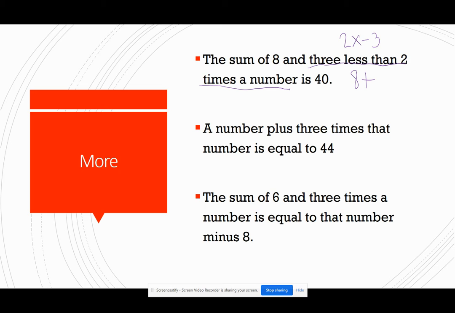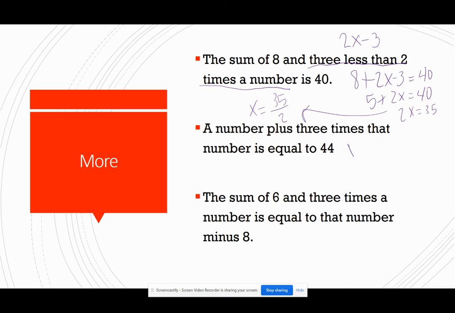We saw on the previous slide that if we're saying less than, we take that minus and put it at the end. We don't do 3 minus 2x. That's totally different. We want to put 3 less than, which means we're taking 3 away from 2 times a number. So I put that and set it equal to 40. So I get 5 plus 2x equals 40. So 2x equals 35, and our x is 35 divided by 2.